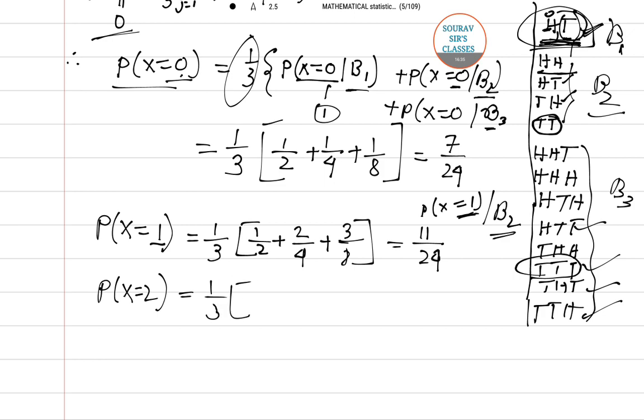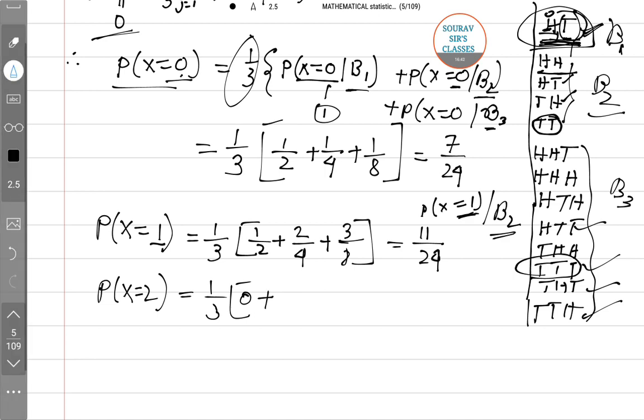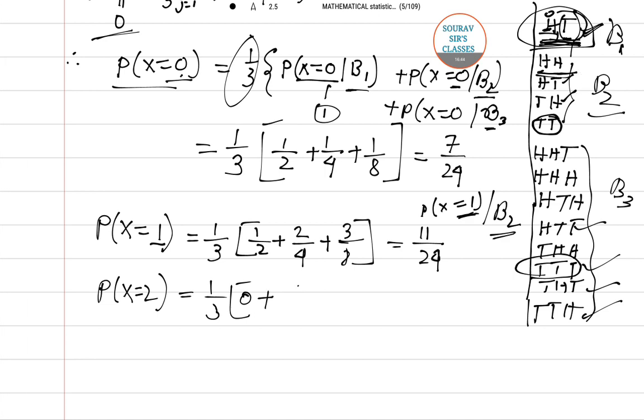Now for ball 1, there is no time when head is occurring 2 times, so we'll write it as 0. For ball 2, there is 1 time only when head is occurring out of 4 possible outcomes. And for ball 3, there are 3 times when head is occurring out of 8 times. So we'll get the value to be equal to 5 by 24.